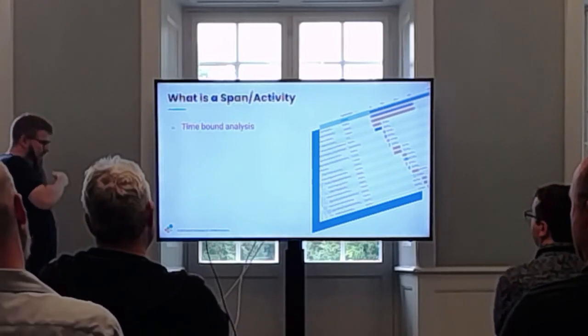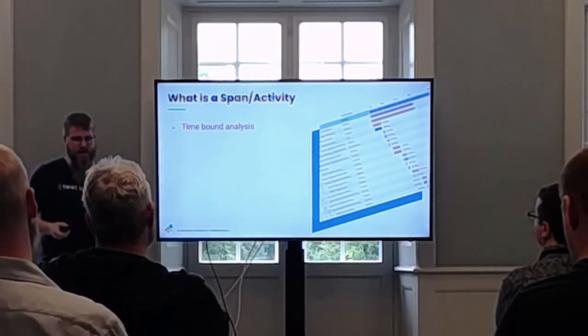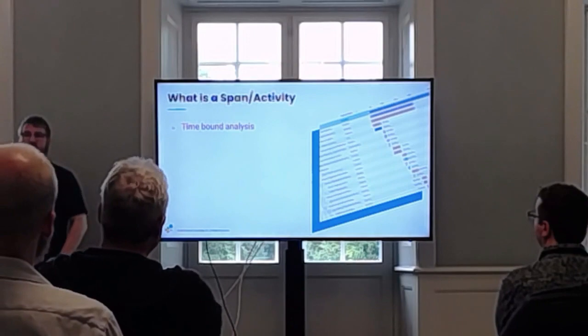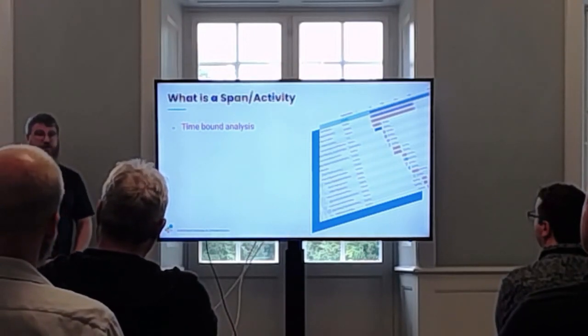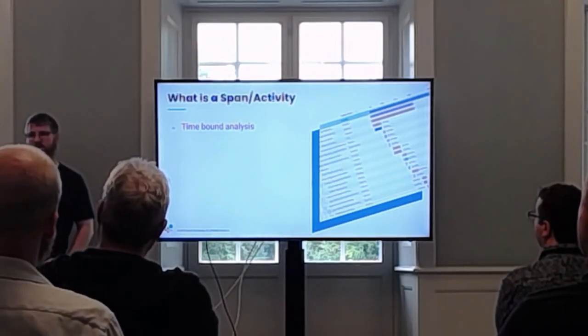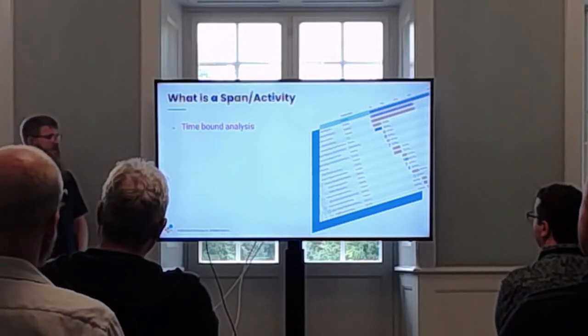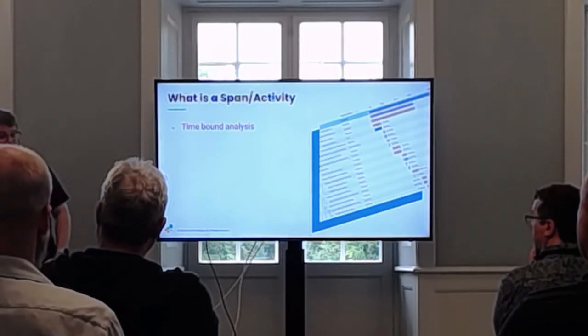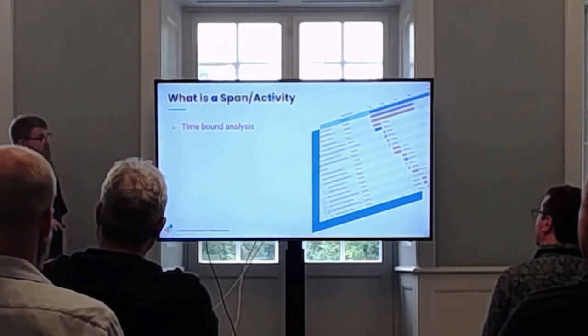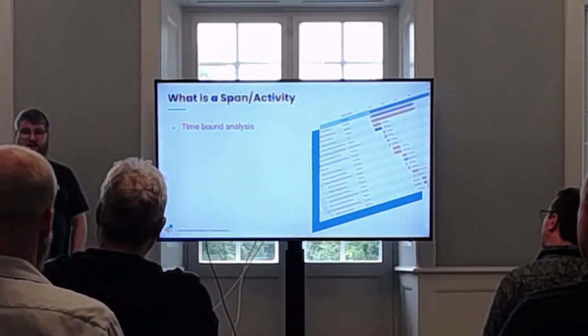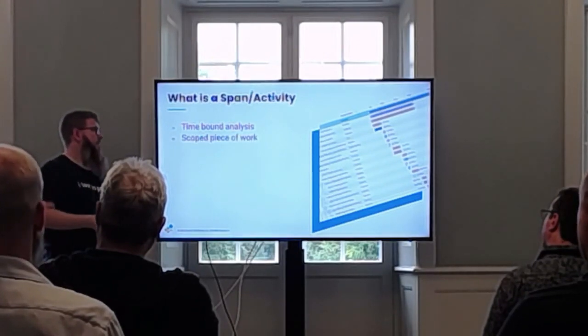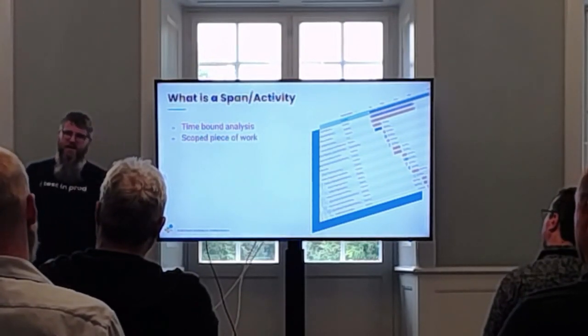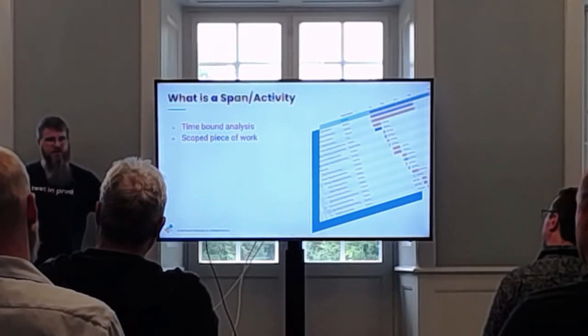So what is it? An activity is a time-bound analysis. We talked about what a span consists of. It consists of a duration and a timestamp, which means inherently a span is a time-bound thing. We'll come on to ones that aren't time-bound, which are called span events in a minute, but a span itself is a time-bound activity, which means we talked about a trace being a piece of work, a thing that's being done.